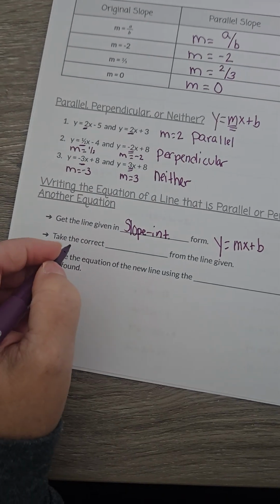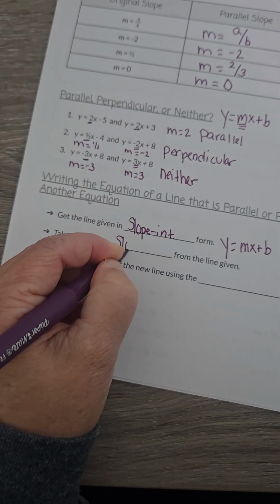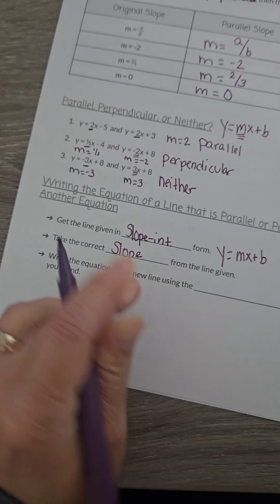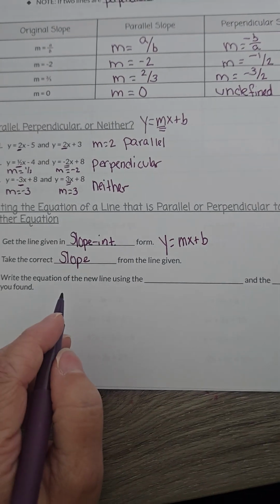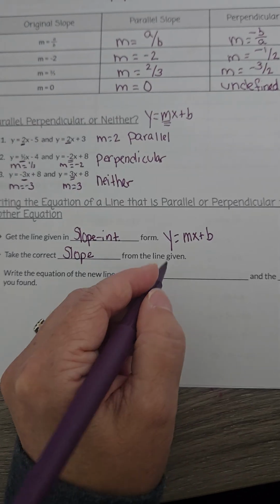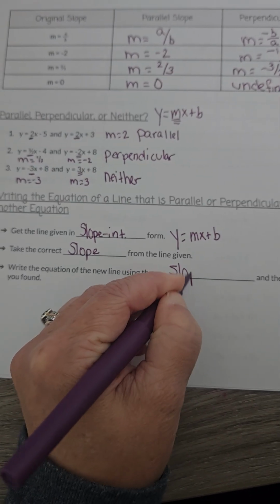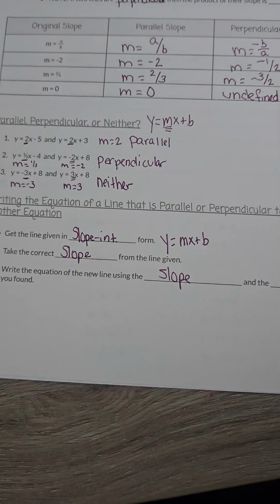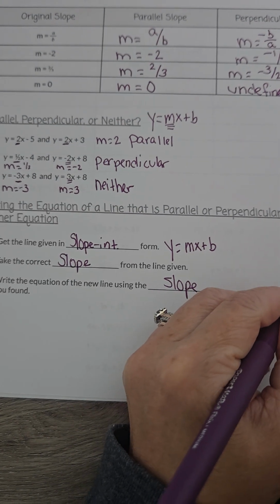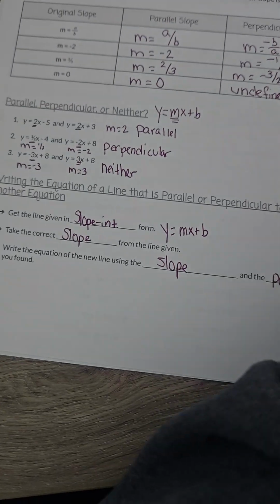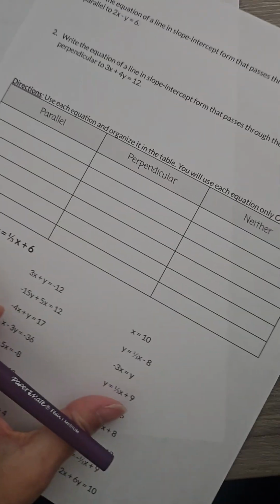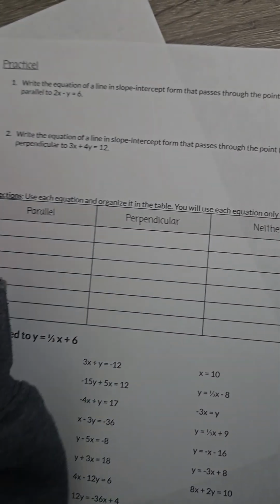Once it is in slope-intercept form, that gives you the correct slope. And you're going to rewrite the equation using the new slope and the point that you found. So we're going to flip it over to the next page, and we're going to do this one together.